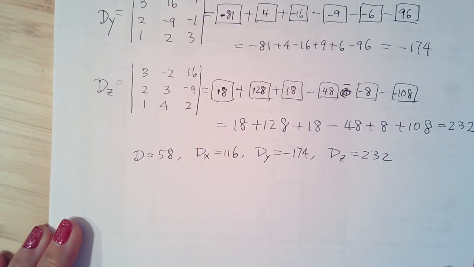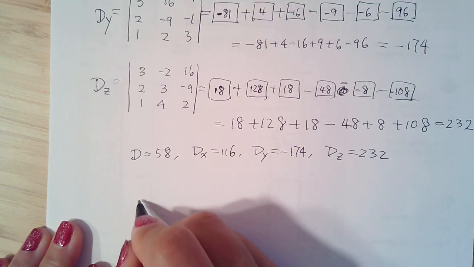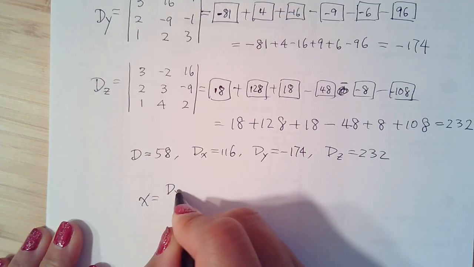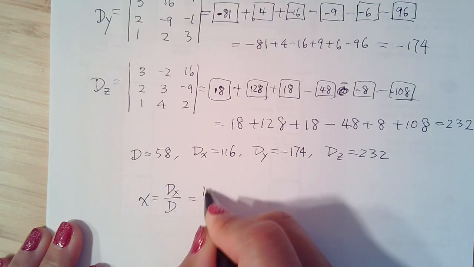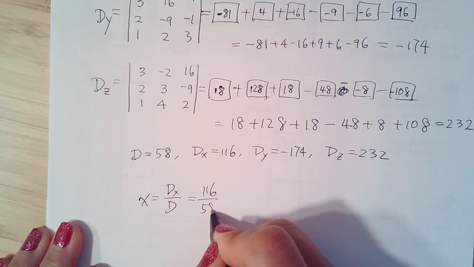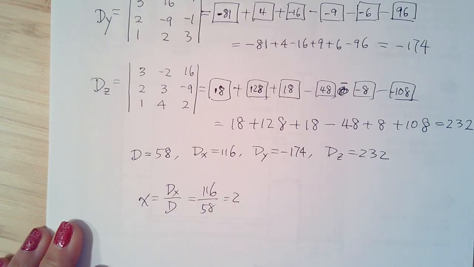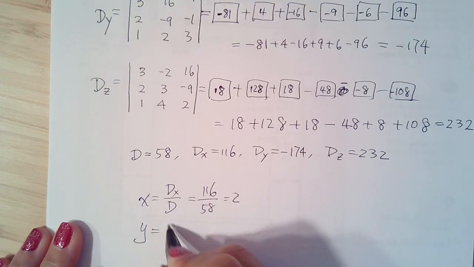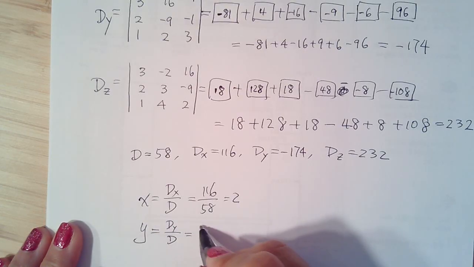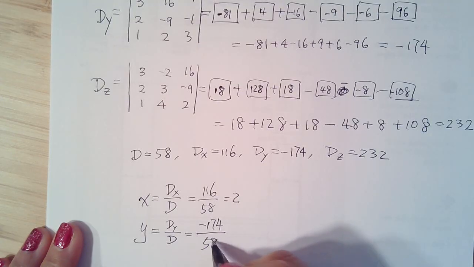Mr. Cramer says x equals dx over d, which is 116 over 58, and that is 2. Y is dy over d, which is negative 174 over 58, and that is negative 3.